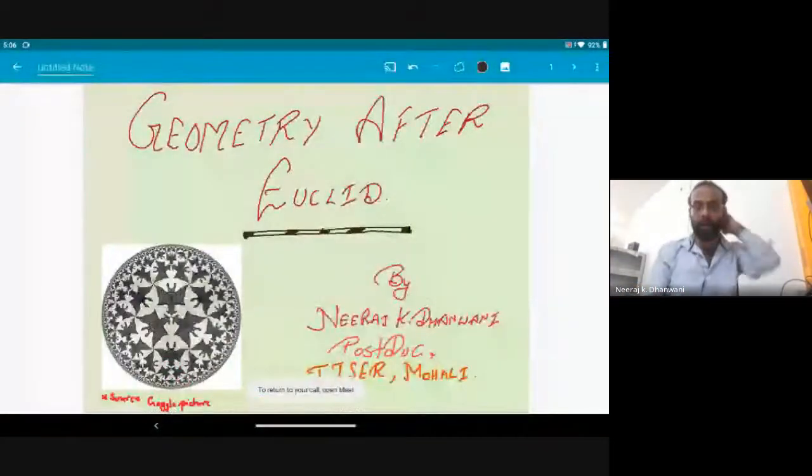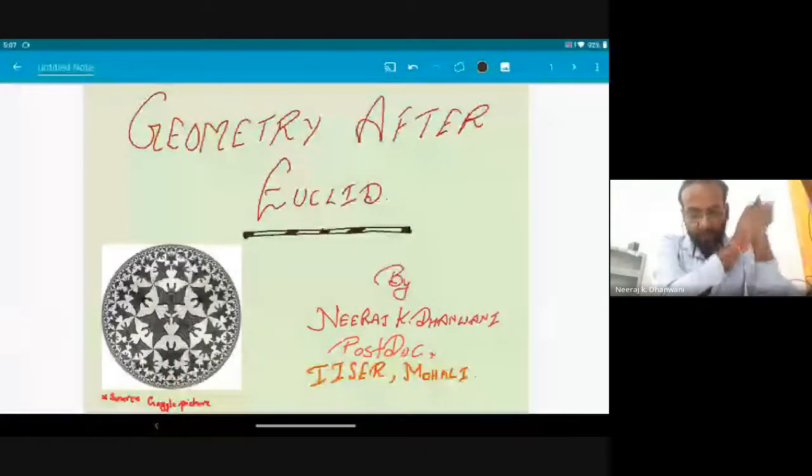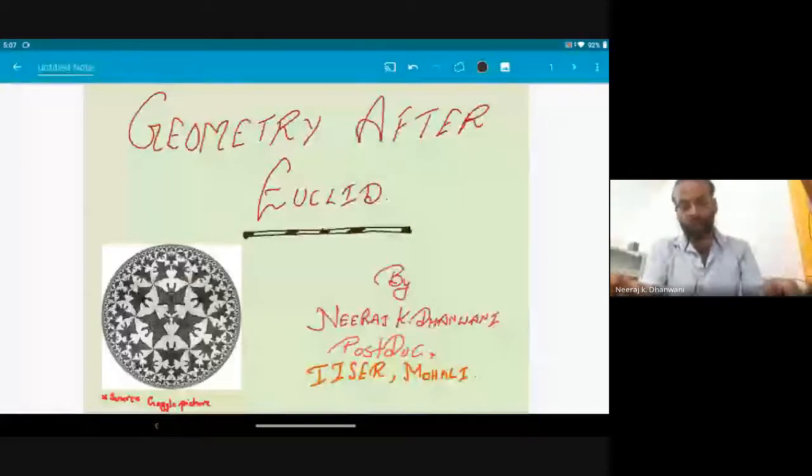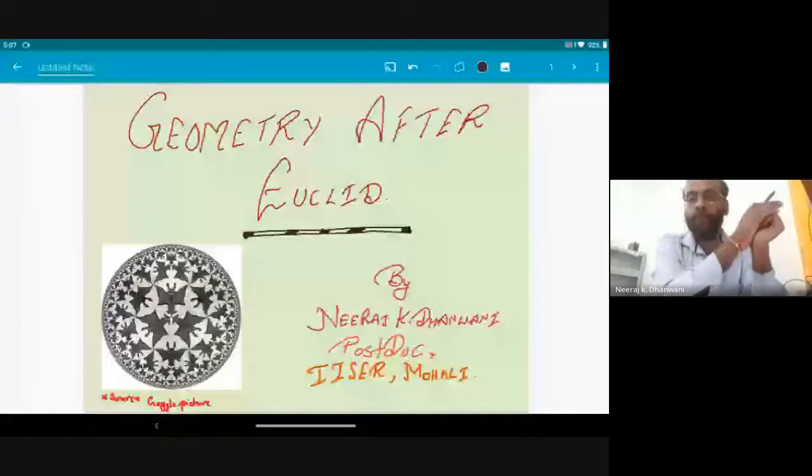So when I'm talking about geometry after Euclid, first I should understand what the geometry was before Euclid. From the beginning of our understanding, whenever we try to understand something, we started to think about things.